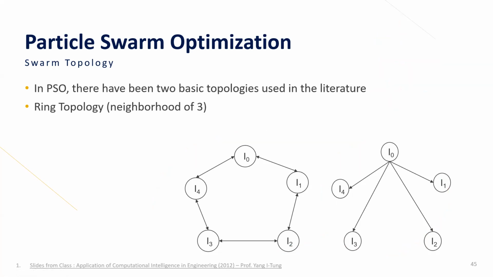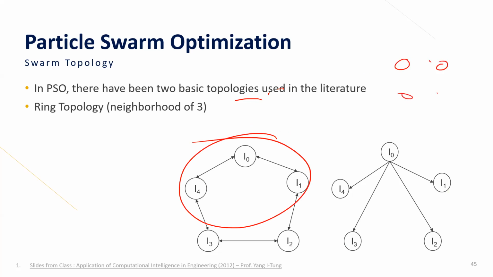If you ask the question, which one is the best? Normally it's difficult to answer that question analytically. Normally we will use an experiment to answer that. For example, you have this idea to implement this ring topology in your PSO, and then you want to compare which one is better, ring or fully connected network PSO.